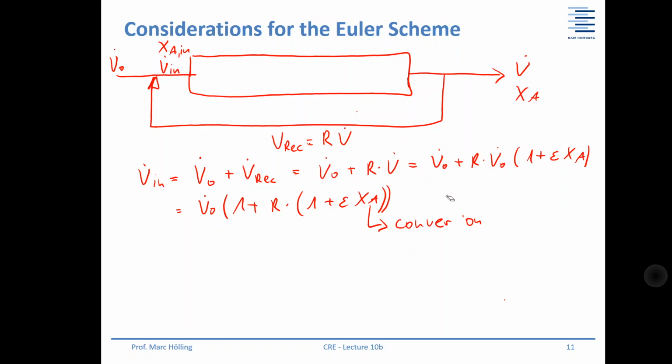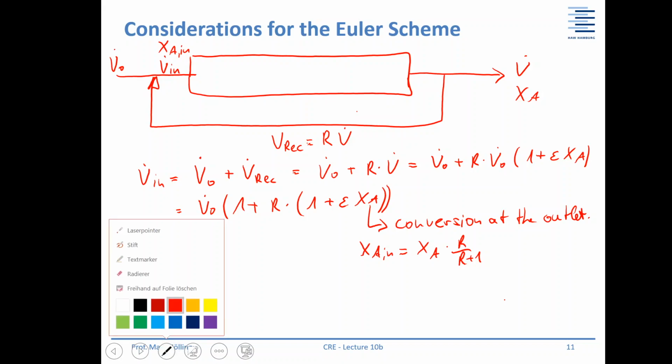Okay, and this is the conversion at the outlet. Then you need to know a little bit about the reaction. We had the additional expression, we had our XA in is the same as XA times R over R plus 1. Okay, and then we can use it.